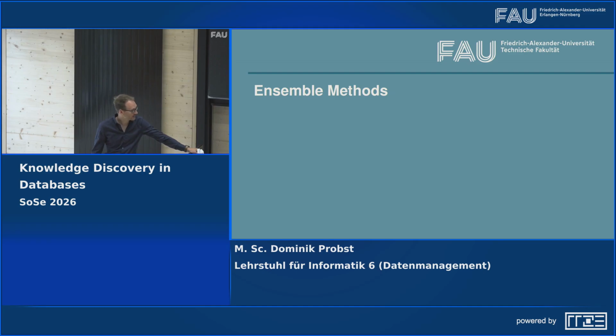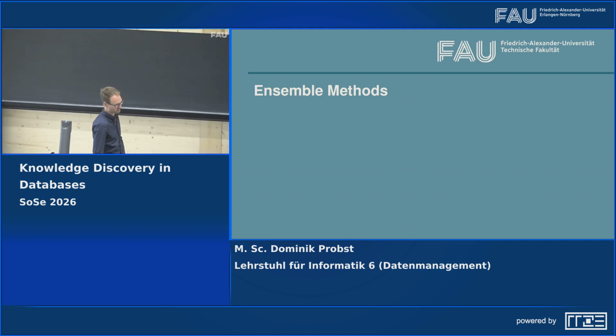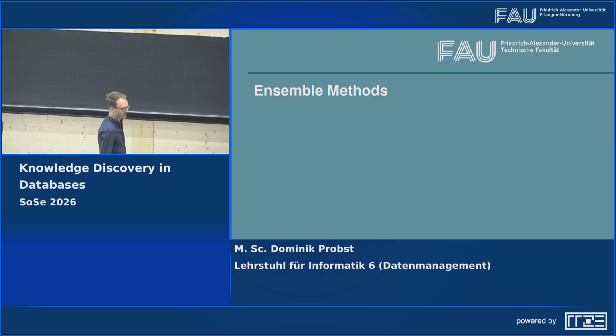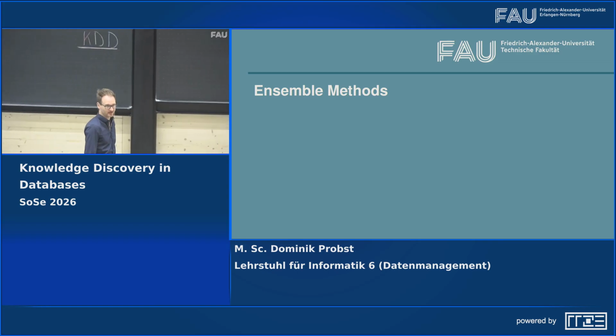Okay. Then we get to the last chapter of classification. We introduced a lot of simple, singular methods for classification. In many cases, it's not enough to have a simple classifier like that.